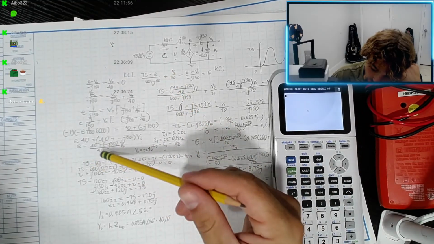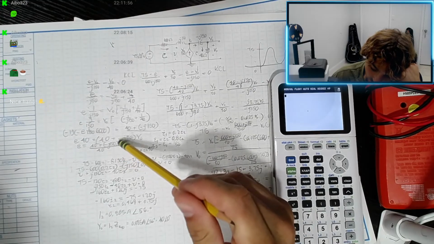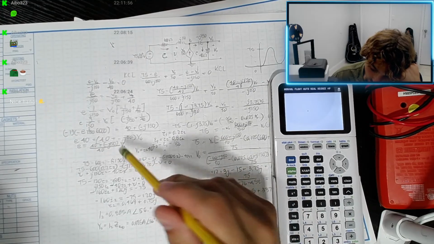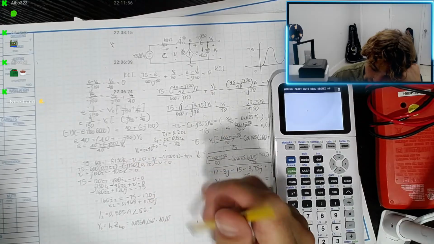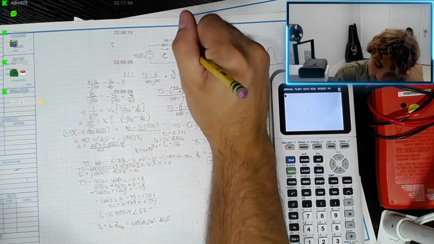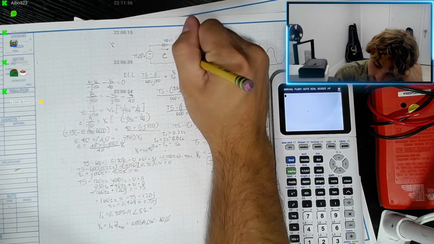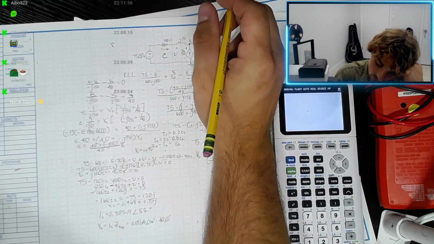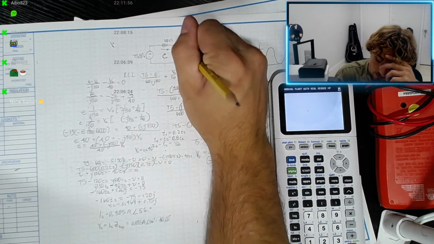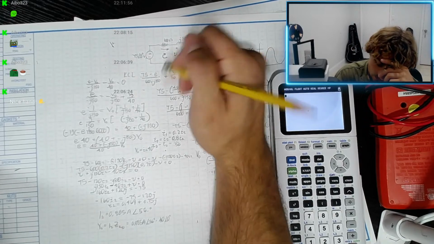75 minus 600, minus negative positive. If it's a source, that doesn't necessarily mean anything.